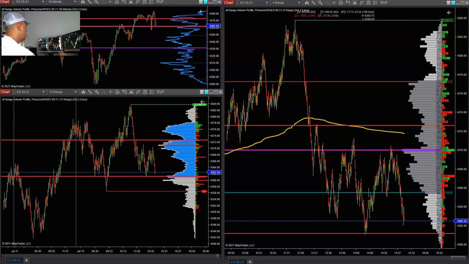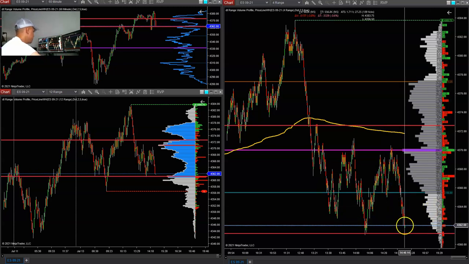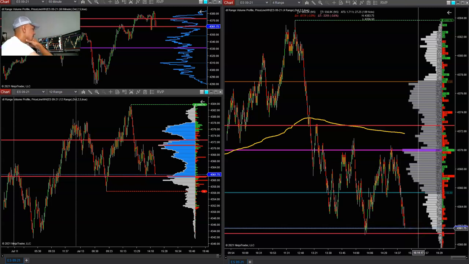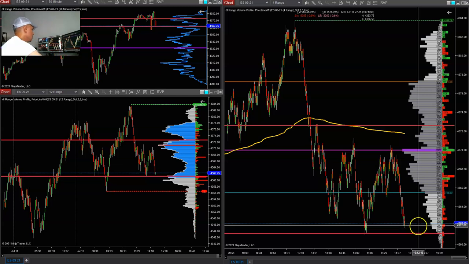So that's why you don't quickly just take a long just like that. As soon as price on a pullback, you have to wait for some confirmation. And so far, price hasn't shown me that it wants to. Let's see. It hasn't shown me its hand for me to want to take a trade yet.